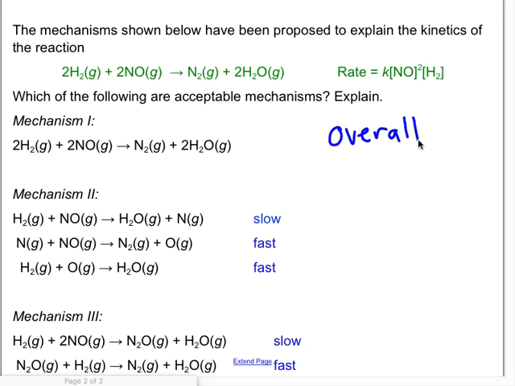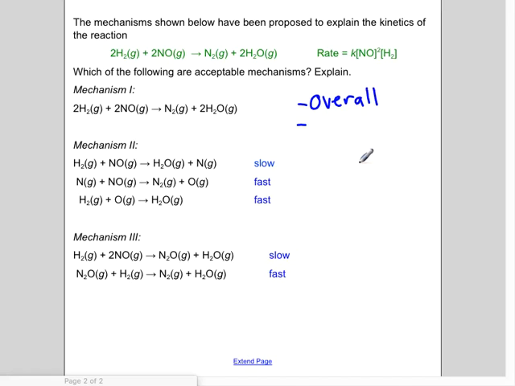All right, and then the other requirement is that the slowest step of the mechanism has to have its reactants' molecularity give you the rate law of the reaction. So remember how if you have elementary steps, you can take the reactants and change the reactants to mean the rate law.